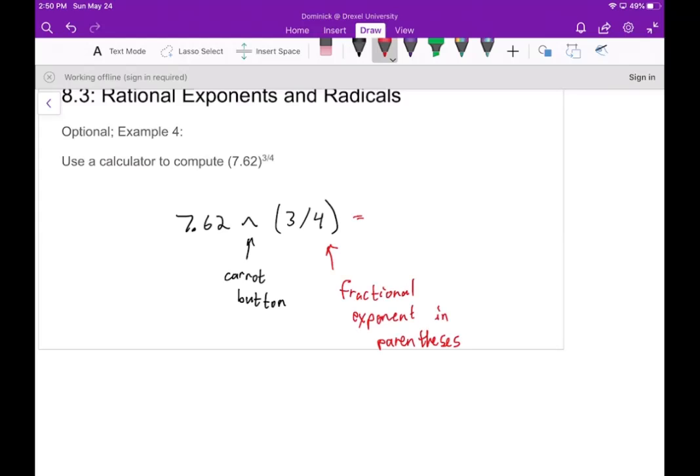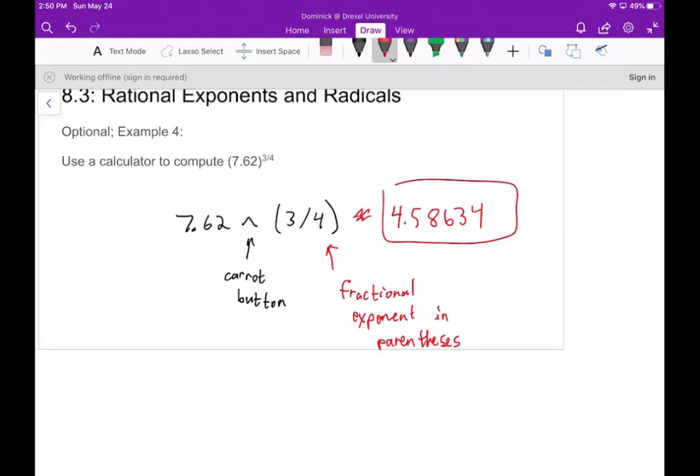Right, and this is usually somewhat difficult if you're going to try and use a phone to calculate this. So I recommend using a scientific calculator only to do this type of thing. So if I wanted to do 7.62 to the 3 over 4, you should get something about, and again, this is approximate, 4.58634.